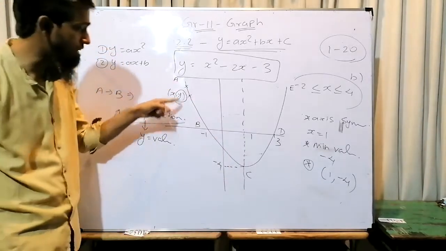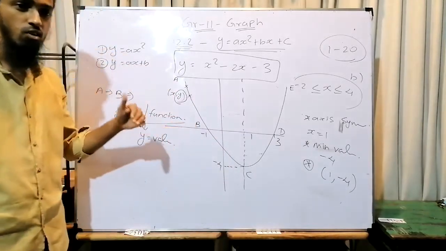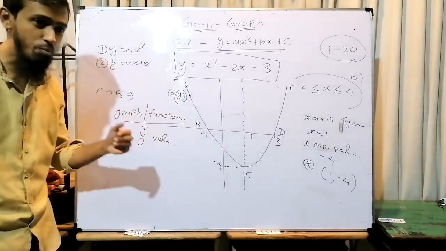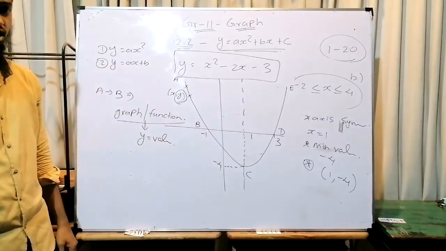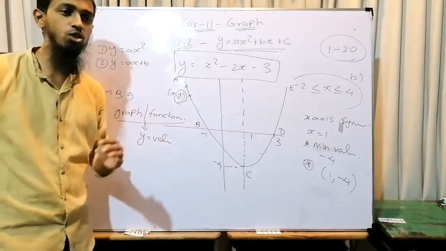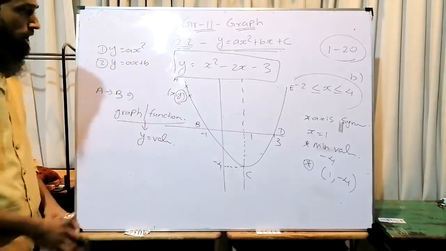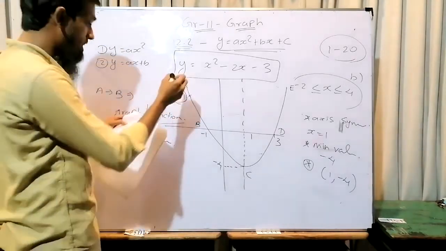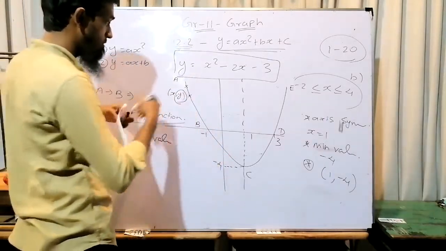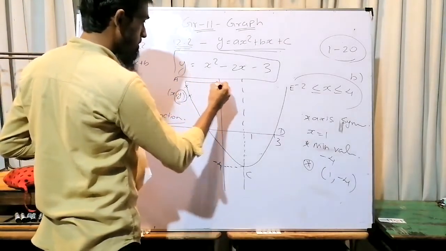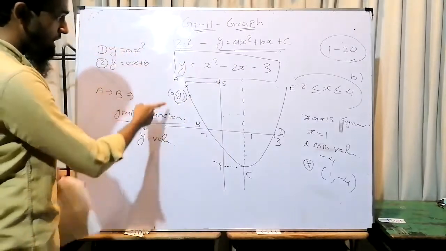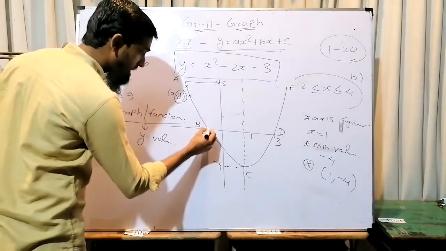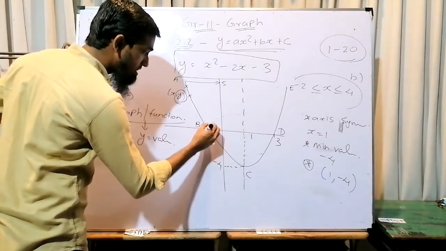Okay, A to B, what is happening to the graph? What is happening to the function? What is happening to the y values? The y value at the starting point is 5. When it comes to B, exactly on B, the value of y is 0.